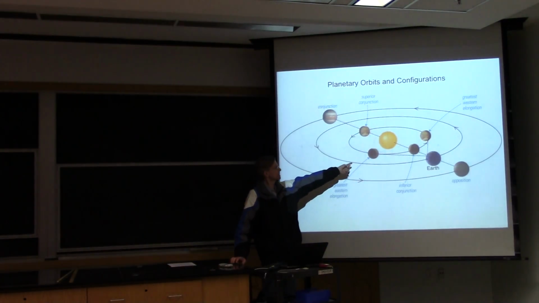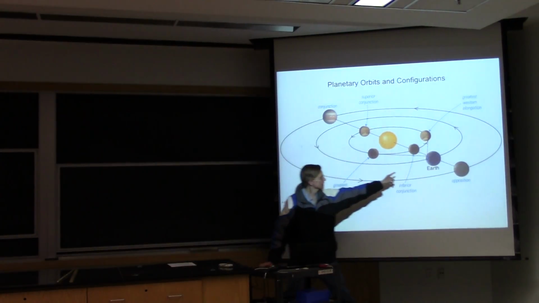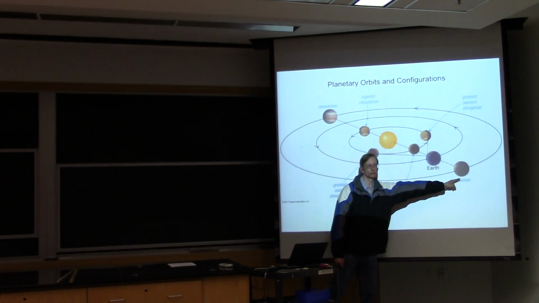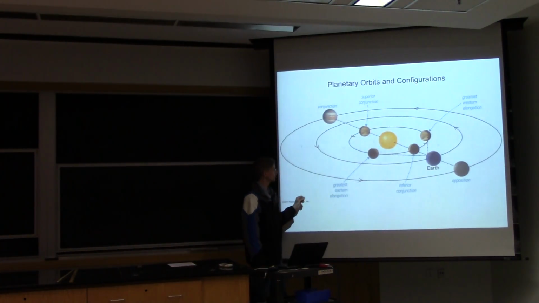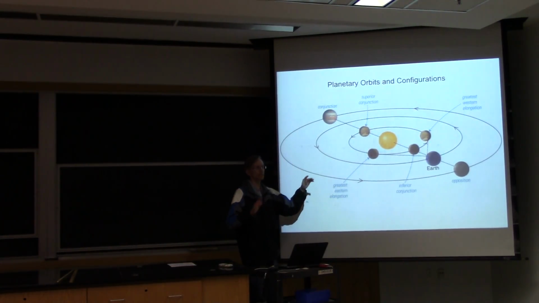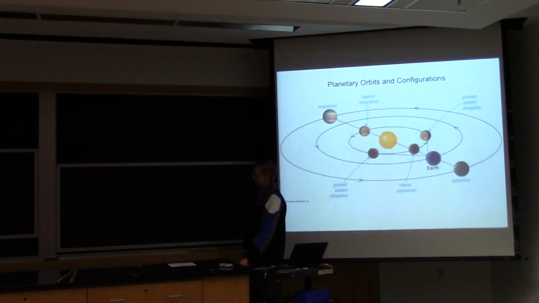Okay. But can Venus ever be on the opposite side of the sky from the sun? No, because to be at opposition, the planet has to be further from the sun than we are, so that it can be on the opposite side of the sun for us. So for an inferior planet, they can only get so far away from the sun in the sky in terms of the angle, and those are at the so-called elongations.